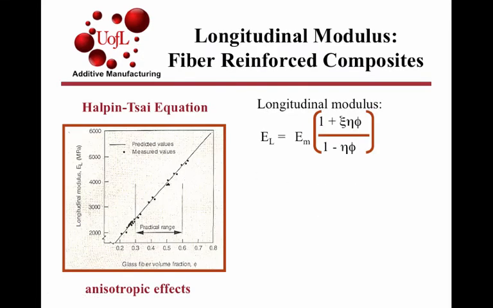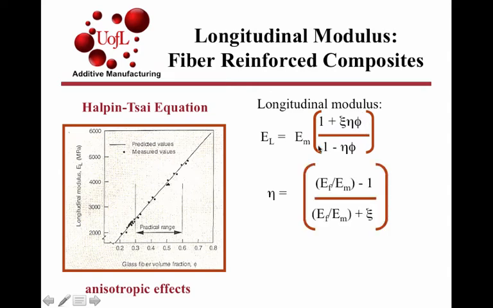When you begin to add fibers to create composites, for instance, glass filled nylon, you end up getting anisotropic properties. The properties in the longitudinal direction are different from the properties in the transverse direction. The Halpern-Tsai equation is very useful for describing how the longitudinal modulus and the transverse modulus change in the matrix as a function of the volume fraction of the filler.